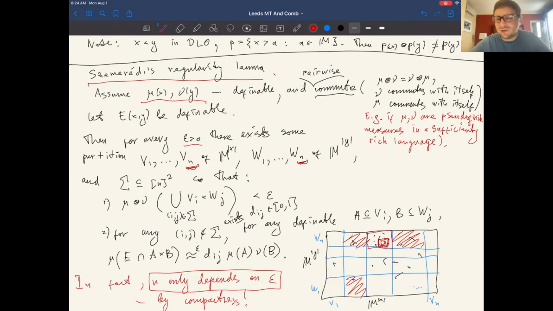And next time we'll see how this partition result can be strengthened in a very natural way when we restrict to stable structures or NIP structures or distal structures, etc. Where this kind of regularity lemma becomes exactly a typical result we want to prove in Shelah's classification theory. But we know such results normally for types.